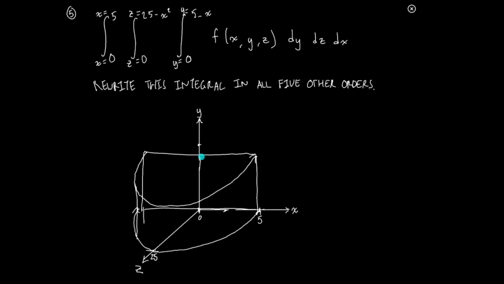So let's graph it at z equals 0. At x equals 5, what is y? y is 0. So that's an intersection. At x equals 0, what is y? At x equals 0, y is 5.